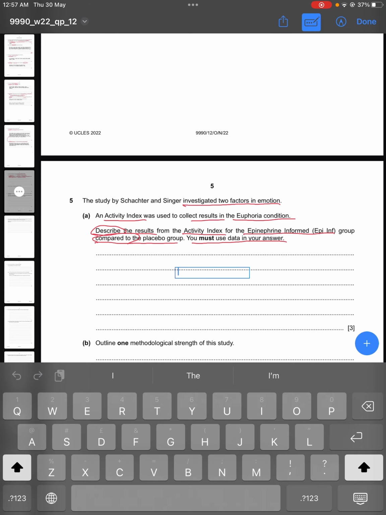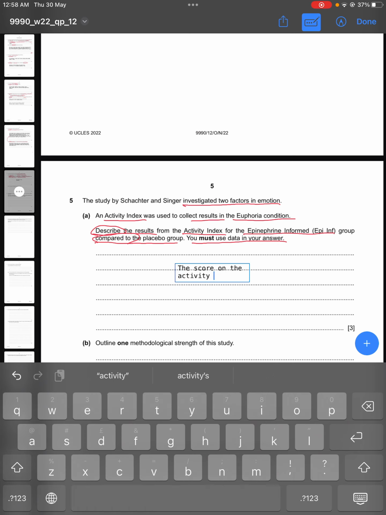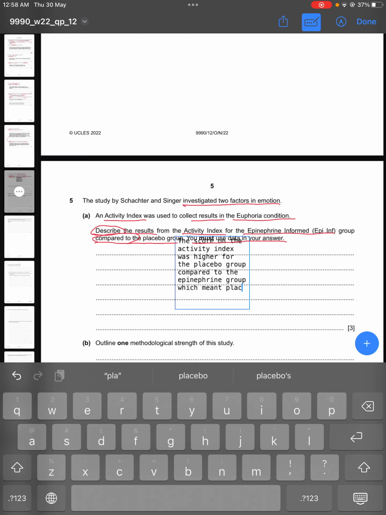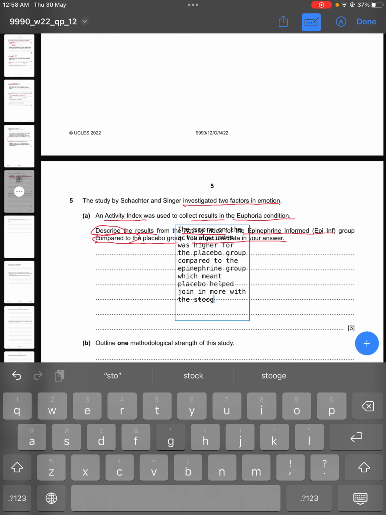So you can write that the score on the activity index was higher for the placebo group compared to the epinephrine group, which meant placebo helped join in more with the stooge, meanwhile epinephrine did not.